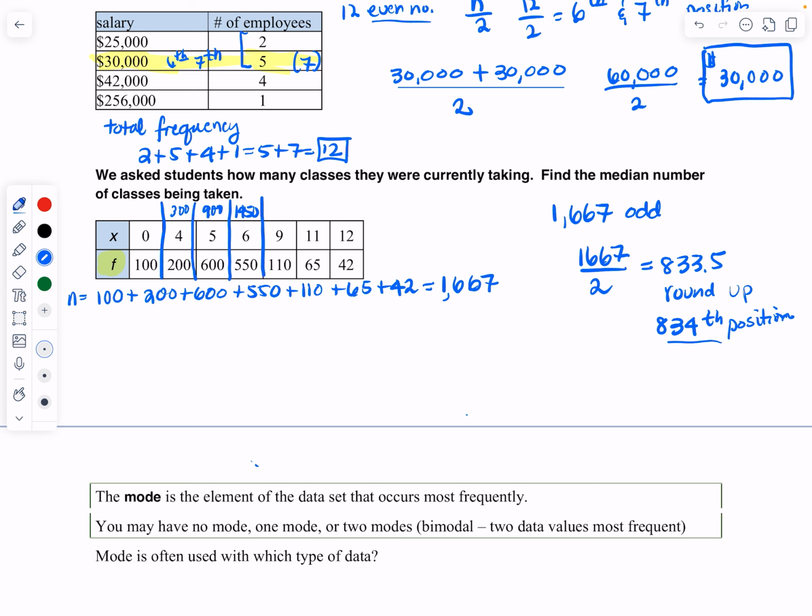Sorry, I was looking at something else. This is what we need: the third value, right here, because this is from 300 to 900, and 834 falls in between those. If I look at that, I see that the number of classes being taken is 5. So the median would be 5 classes for the students surveyed.